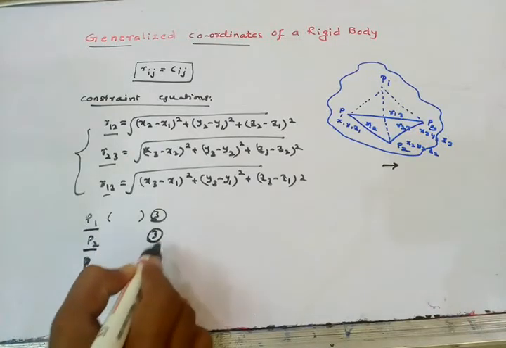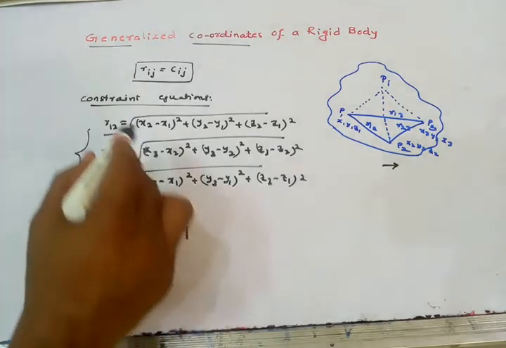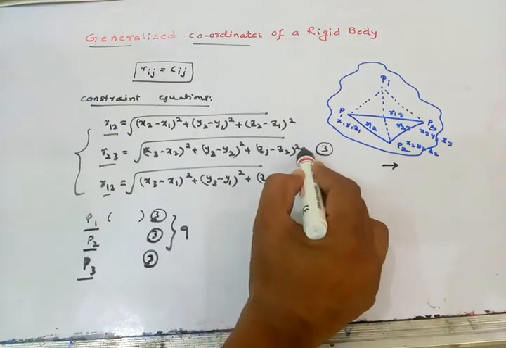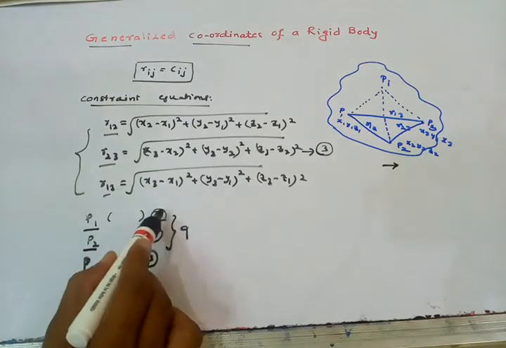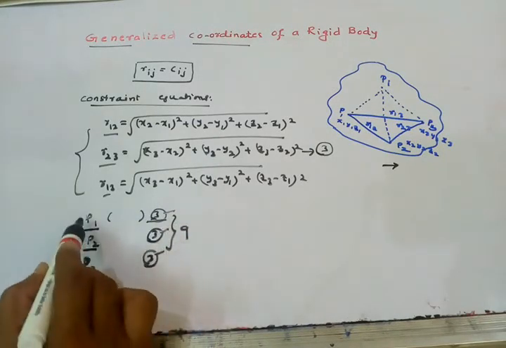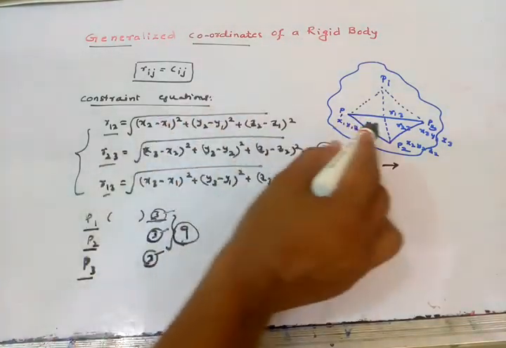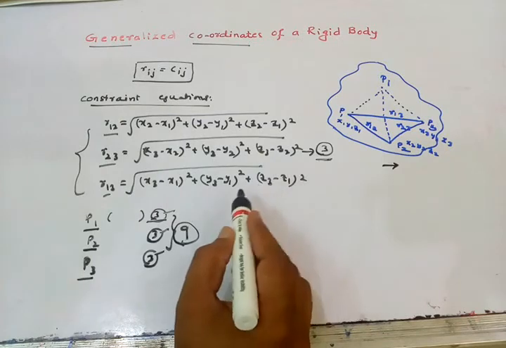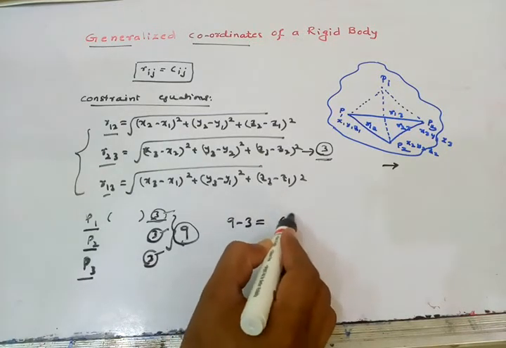So 3, 3, 3, total 9 required. But here we have constraint equations, three constraint equations. Individually for each particle we have to specify three coordinates, so for three particles total 9. Between these three particles the constraint equations are 3. So 9 minus 3, remaining 6.